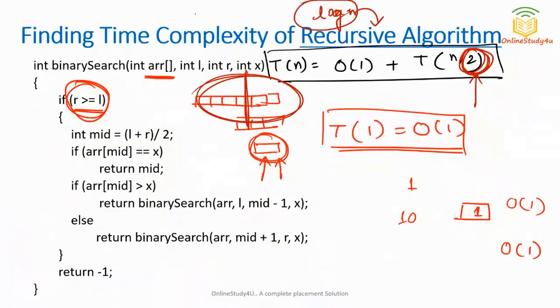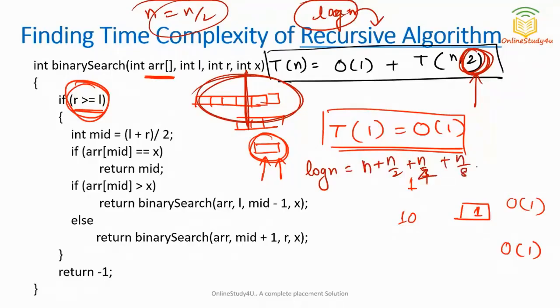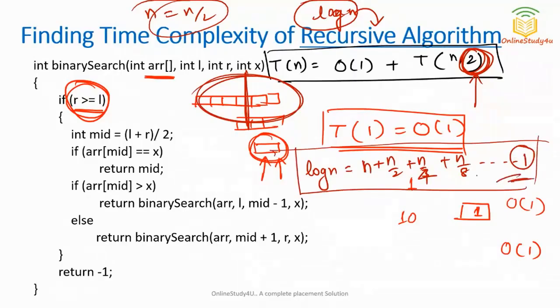In iterative algorithms also, if you are doing iteration, and in every step you are dividing the value of n by 2, then also the time complexity will be log of n. Now I think you have studied in mathematics that log of n can be expressed as n plus n by 2 plus n by 4 plus n by 8 up to it reaches 1. This is, I think, a result. Okay, so this we will see later.